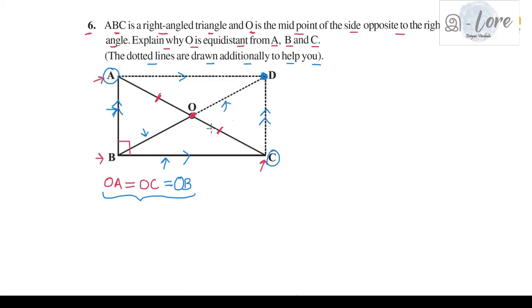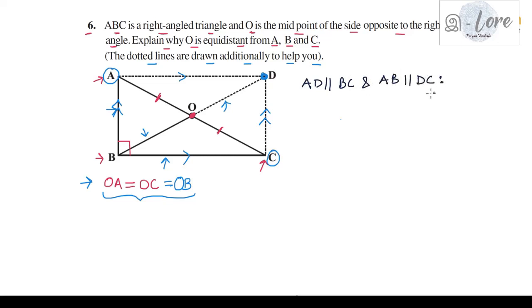Now let's talk about how this construction will help us prove that OA and OC are both equal to OB. This construction has given us the parallelogram ABCD. Why is that? Because we have drawn AD parallel to BC and AB parallel to DC.